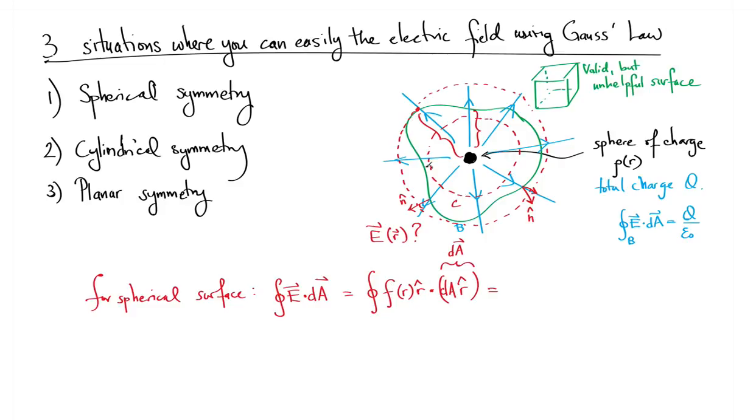In the green surface here, the distance from the charge distribution is changing at all points because it's got this weird shape. So here we would have to keep this in the integral, because f might be bigger here and smaller there. But for the sphere, we can assume it's constant over the whole thing, so we can pull this f of R out.